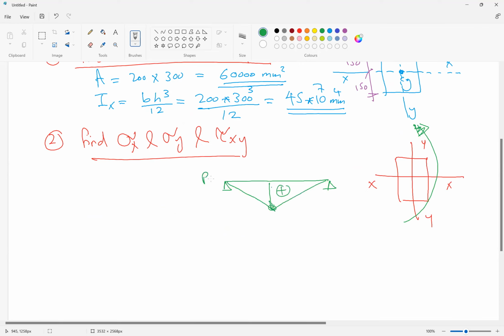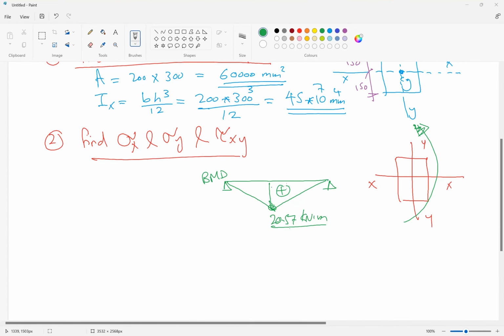This was our bending moment diagram, and it was 20.57 kilonewton meter.